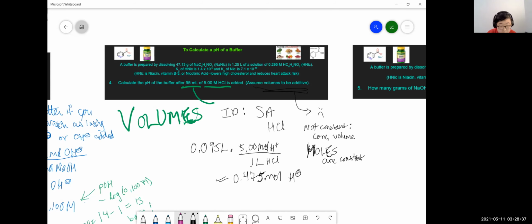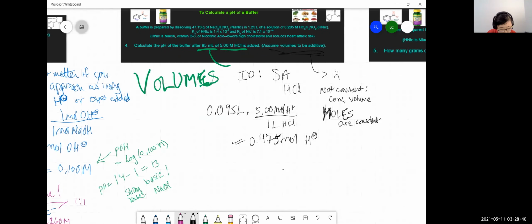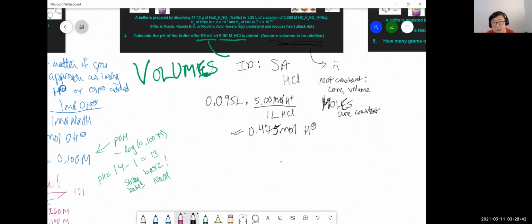And so once we get that amount added, we usually would take the moles and divide by the volume, right? But in this case, we had 1.25 liters V initial plus V added.